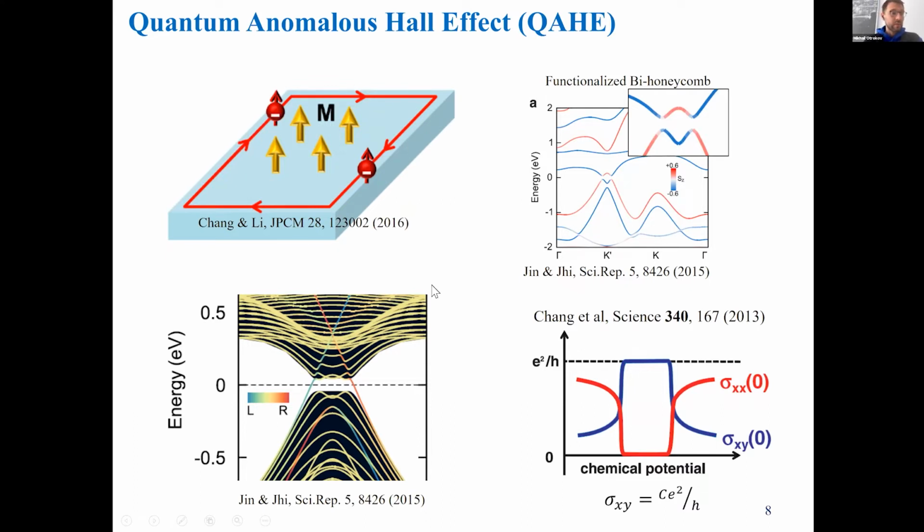The quantized observable in the effect is the so-called Hall conductivity, sigma xy, which is quantized to integer multiples of e squared over h, and simultaneously the longitudinal conductivity, sigma xx, must be 0. This factor C here is actually a topological invariant corresponding to the number of chiral edge modes in the sample.